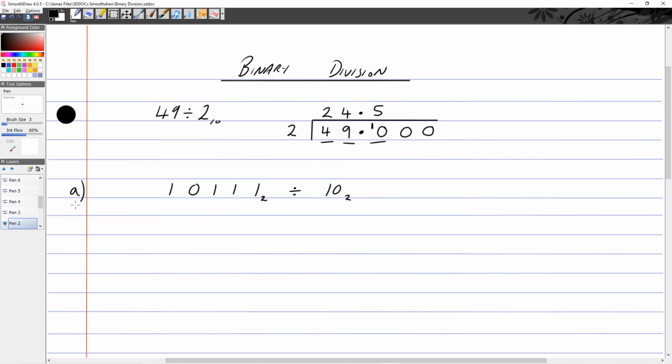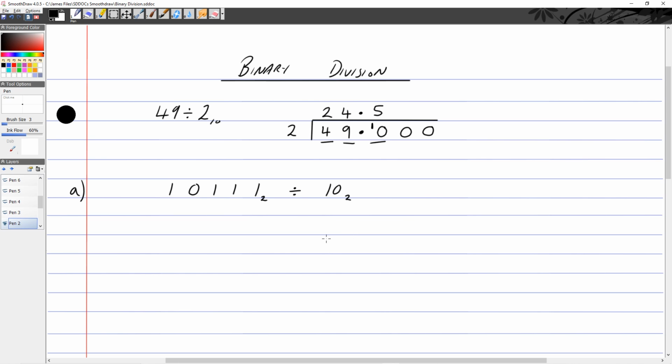So in this example, it's really simple. 10111 base 2, so a binary number, divided by 10. But we know that when we're dividing by 2, which is what this number is in binary, to divide by 2 we shift the number right one place, because when we double a number in binary we shift it left.